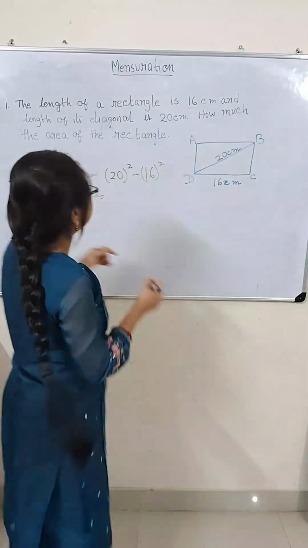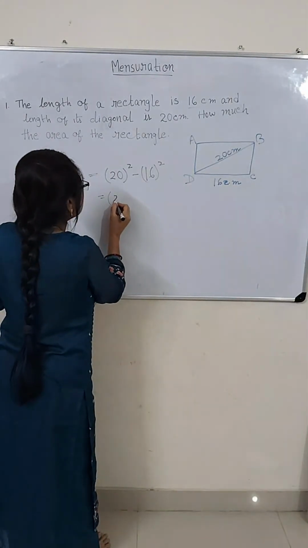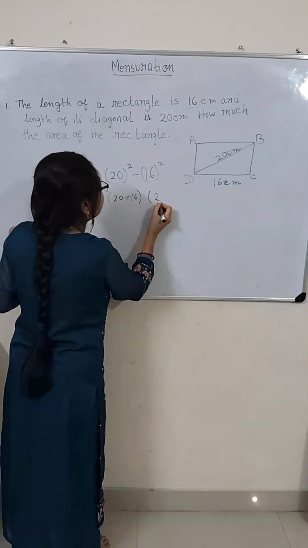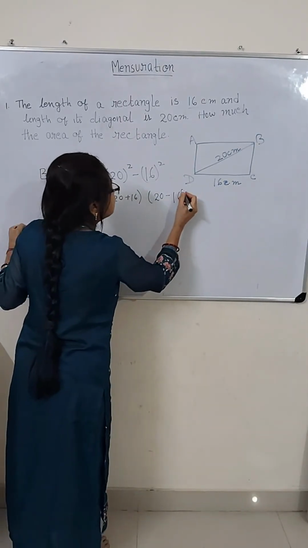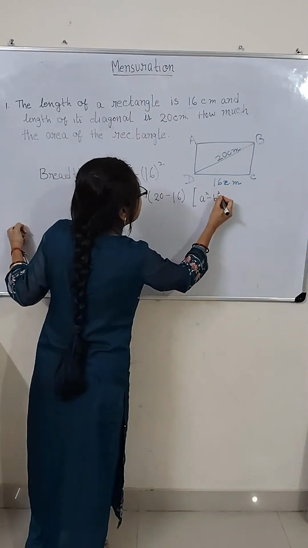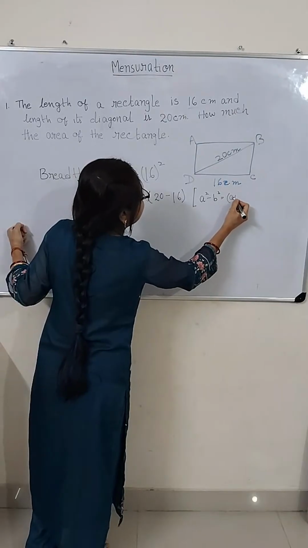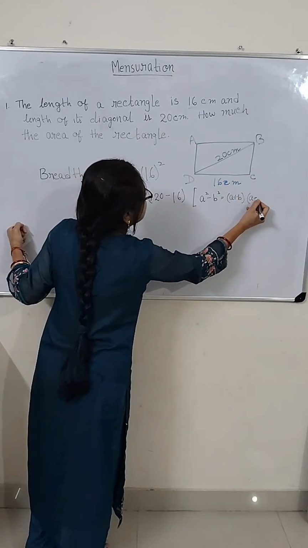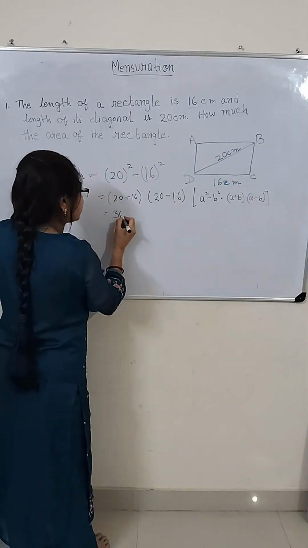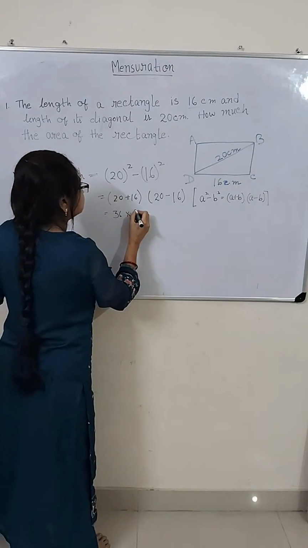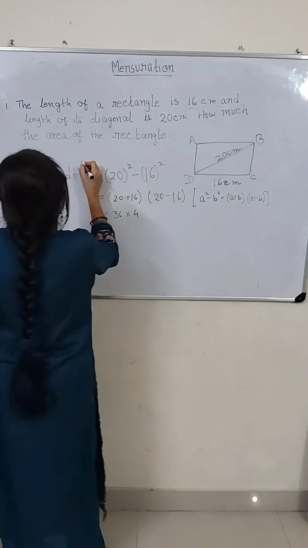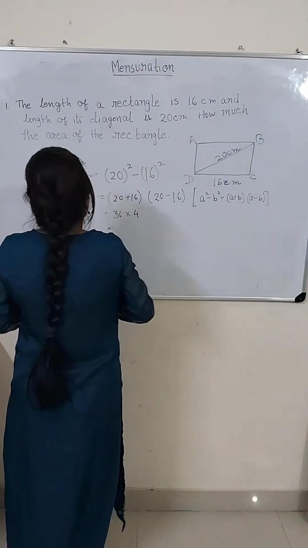So I write the formula: 20 plus 16 and 20 minus 16. You can write the a square minus b square formula, a plus b into a minus b. 36 into 4.